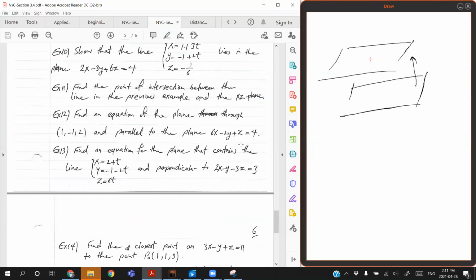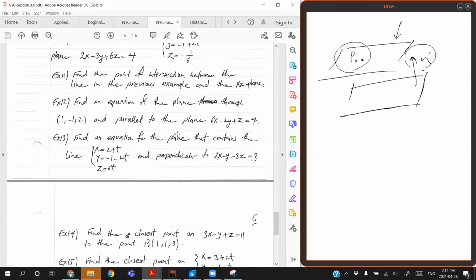So if you have, for example, the plane that passes through this point P0 and is parallel to the other plane, you can take the normal vector from the other plane and use that and the given point to find the equation of the parallel plane. So that is easy. Let's just move on to the next one.